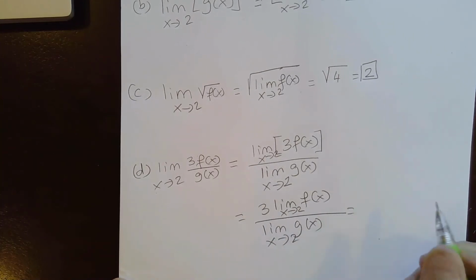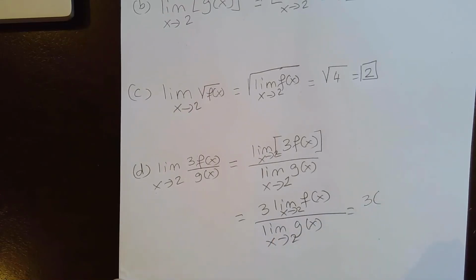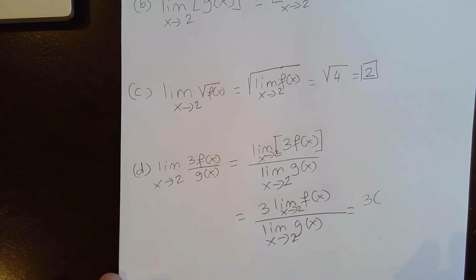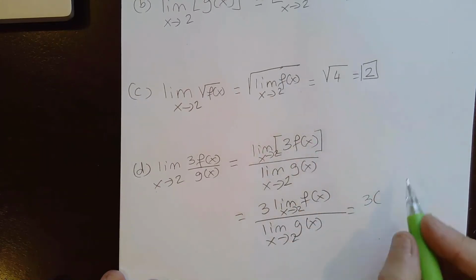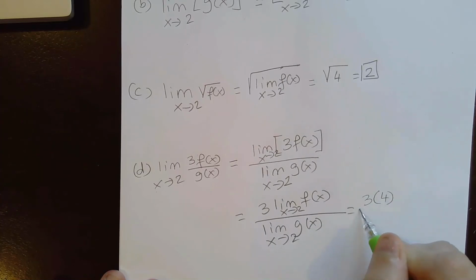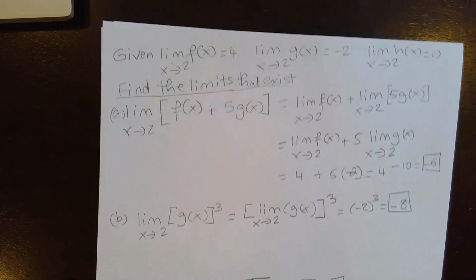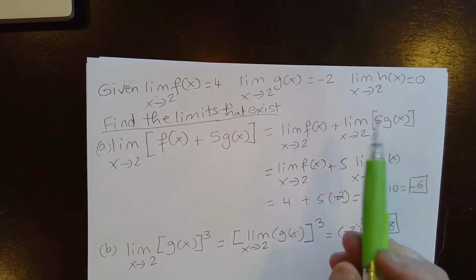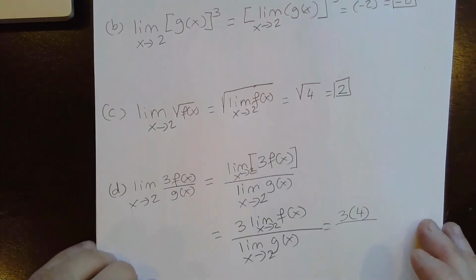And now we have 3 times the limit of f of x as x approaches 2, which is equal to 4, divided by the limit of g of x as x approaches 2. Now if you recall, the limit of g of x as x approaches 2 is -2. So that's divided by -2.